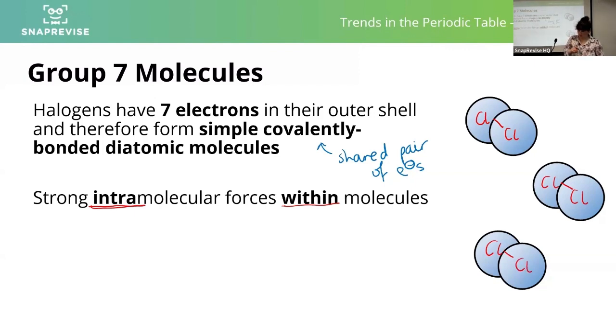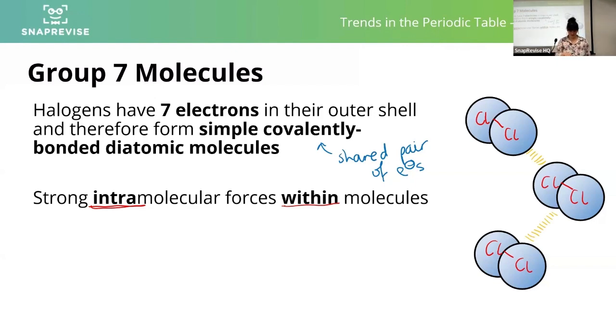We will come to it more later, but don't forget there are also intermolecular forces between molecules. So we have intramolecular bonds within the molecules and intermolecular forces between molecules, but we'll come to that a little bit later. The intramolecular bonds are strong.